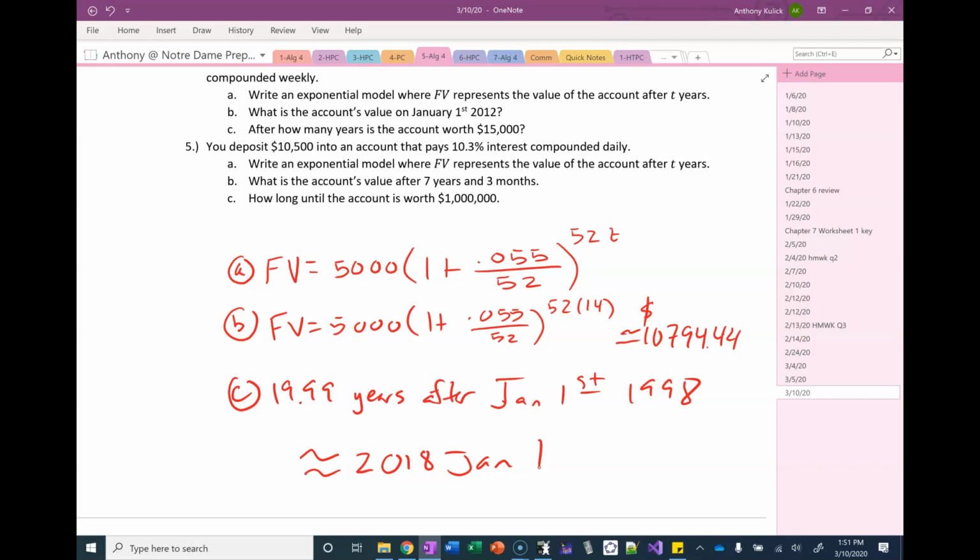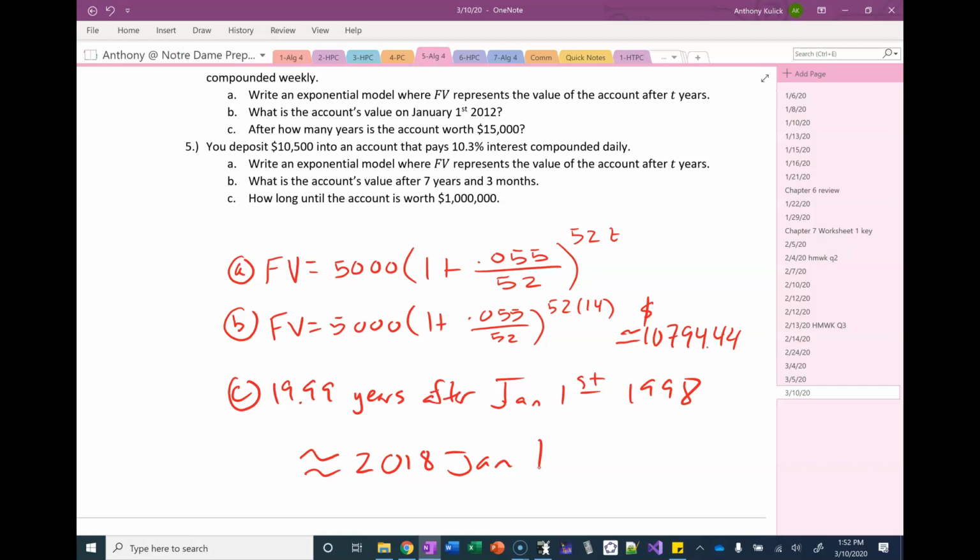Everybody okay there? So all the problems are basically the same as that. They all kind of follow that same pattern, right? Write the model. Part B is plug some number into the model. Part C is plug some number into the output and solve for the exponent. It's kind of all the same.